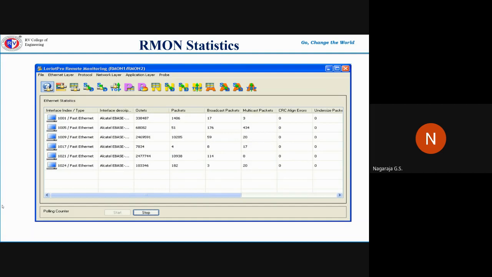So let us say at the center I have an FDDI backbone network. To this FDDI backbone network, I can connect one FDDI network, one Ethernet network, one ATM network, one token network, all of them connected to the backbone FDDI network.